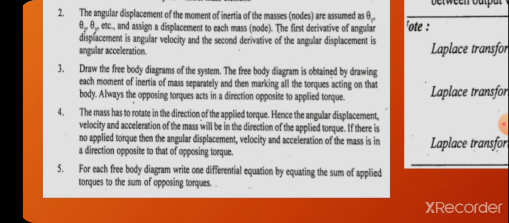And next is the fifth step. For each free body diagram, write one differential equation by equating the sum of applied torques to the sum of opposing torques. How will we get the differential equations? We have Newton's second law, where the applied torque will be equal to the opposing torque, and based on that we write the differential equation.